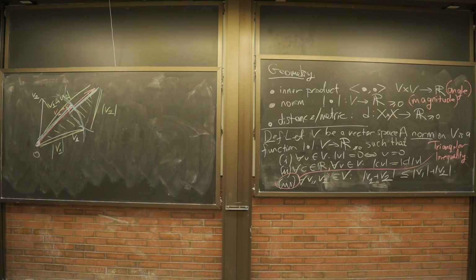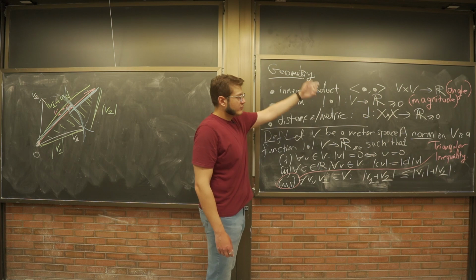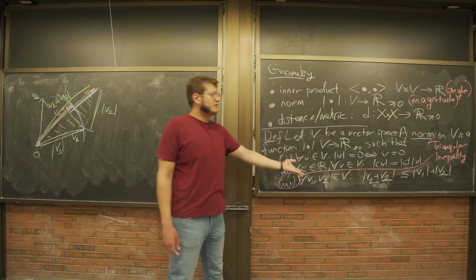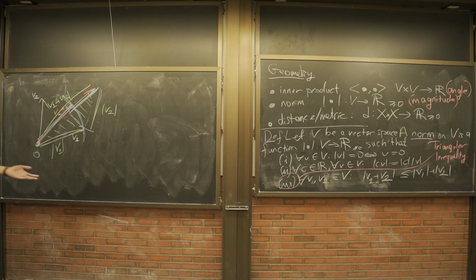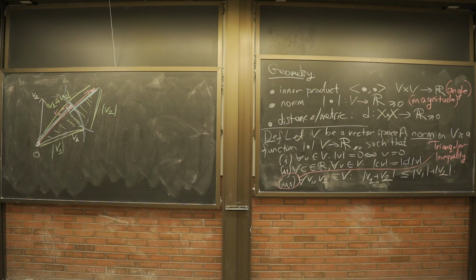I guess I should mention a couple examples. What is the first example? Of course, for V equals R, if absolute value didn't satisfy these, there would be no justice in the world, right? So certainly the absolute value function that you use a lot in 3210 satisfies these properties, right?